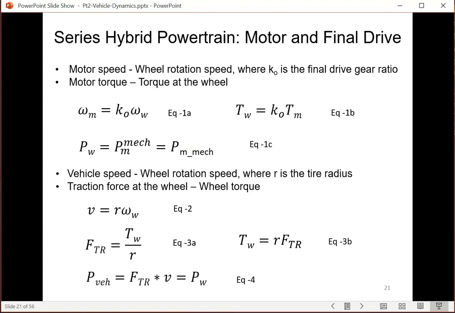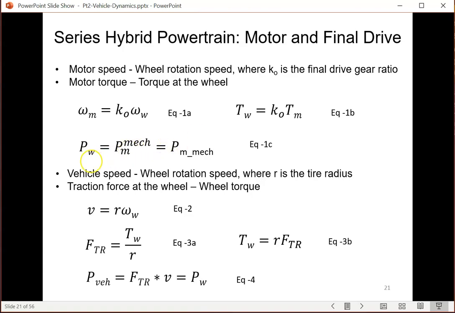Now the wheels are used to drive the car or the vehicle. Therefore, there is also a defined relationship between the forward speed of the vehicle and the rotational speed of the wheel, depending on the size of the tire. We use R to represent the radius of the tire.